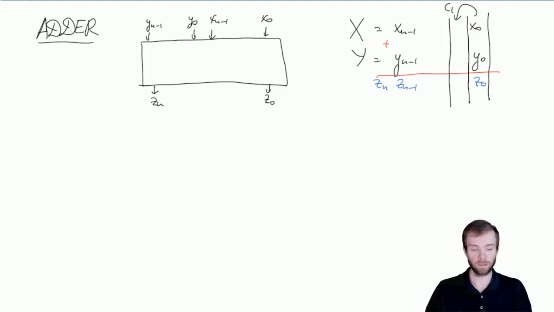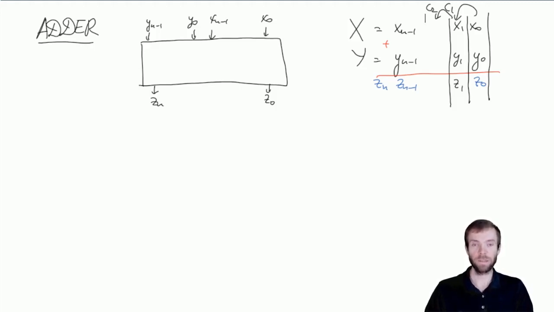Then this c1 is added with x1 and y1, and the result is the next bit here, z1, and possibly the carry bit into the next position, and so on and so forth. So zn, the last output, is actually the carry bit which was produced in the n-1th position.